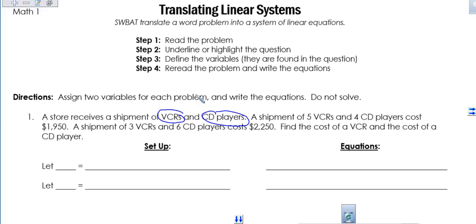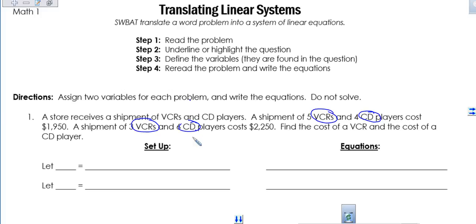But for the sake of the question, let's go through and figure it out. So we talk about VCRs and CD players, then you see VCRs and CD players again, and again. In the beginning, it tells you about VCRs and CD players, but then you see it again two different times, and they talk about them two different ways.